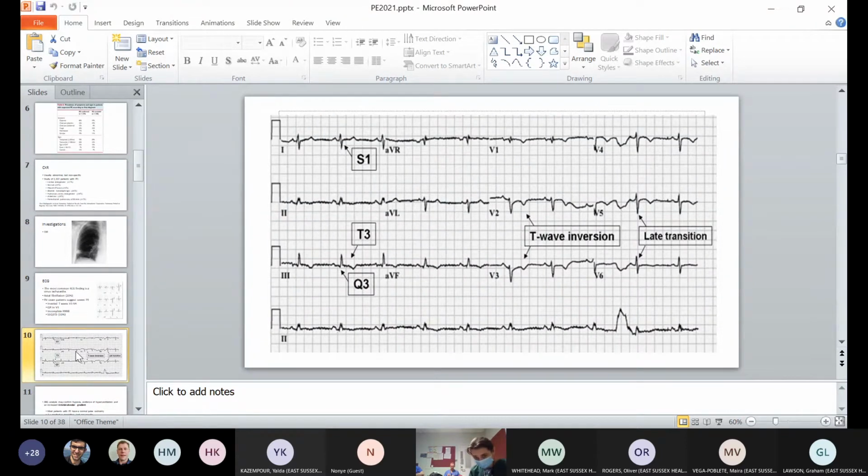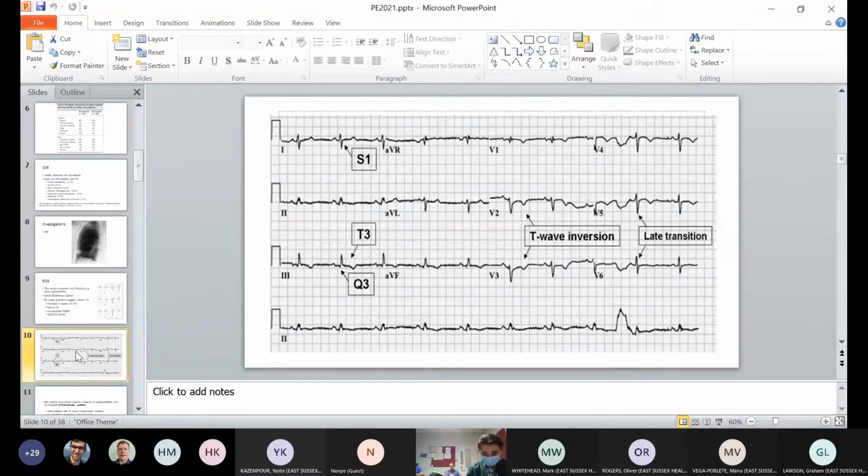I don't think it's very tachycardic, but you can see S1, Q3, T3 signs, yeah? And you can see T wave inversions in the anterior leads, and a bit of lateral as well. So it's quite pretty massive, maybe a significant PE, showing right ventricular strain. Yes, you should think about that, definitely not for ambulatory management with these new changes.